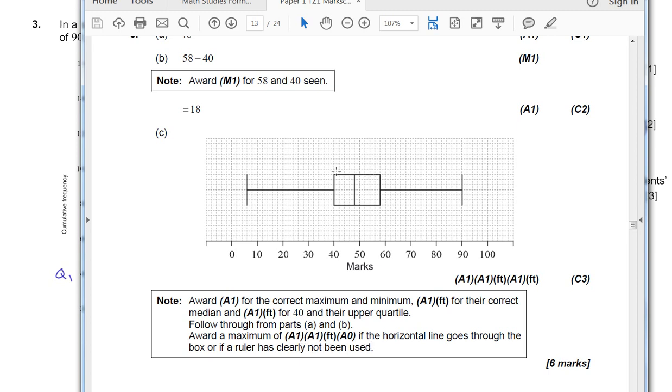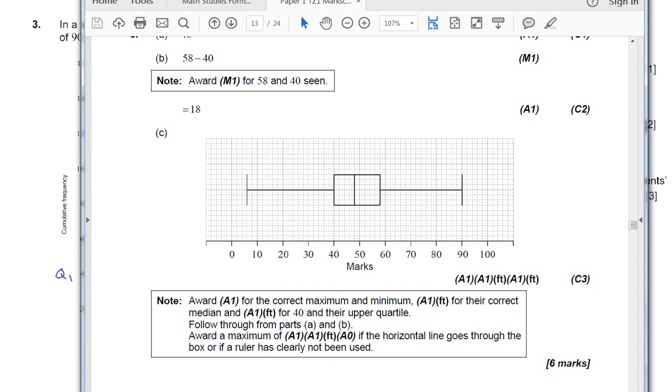So they want all these lines to be nice and perfectly straight. So you'd want to use a ruler to draw all these lines instead of just free-handing it. Because if you freehand it, even if you do everything right on the whole problem, you're only going to get 5 out of 6. That's just kind of the way they grade their tests. A little strange, but we'll go with it.